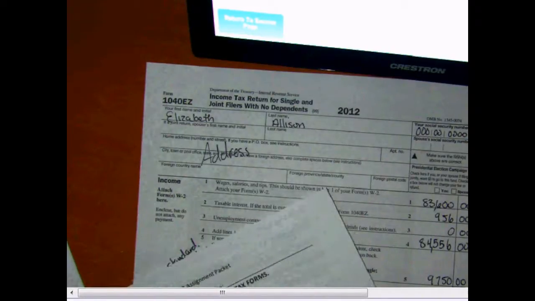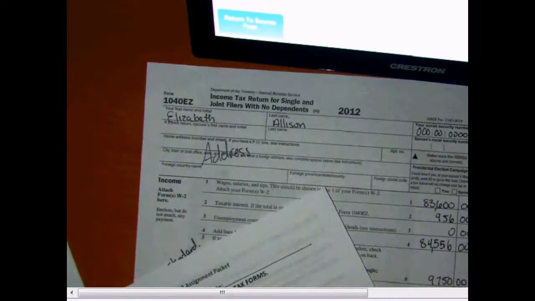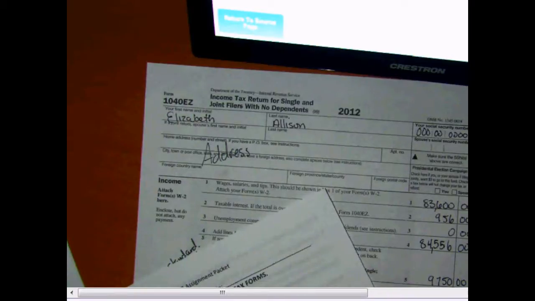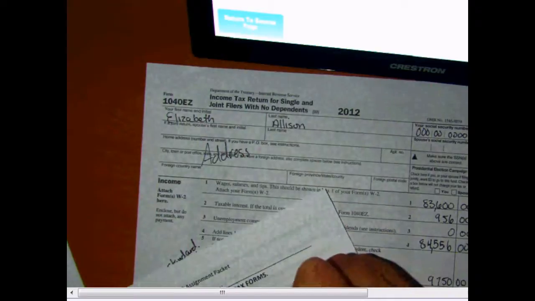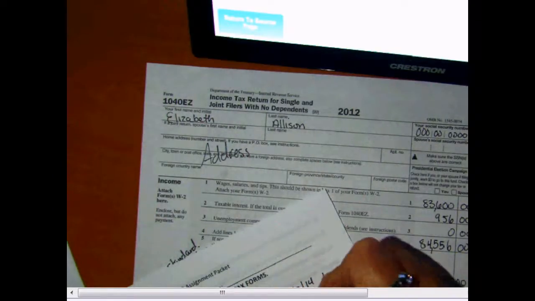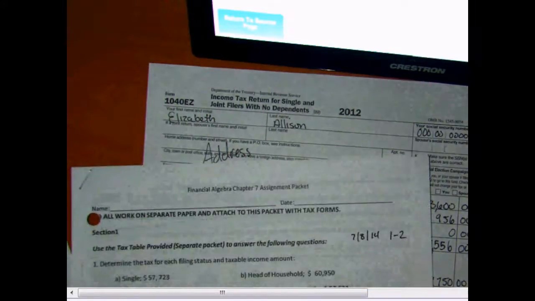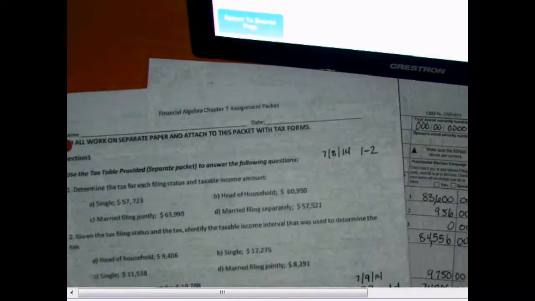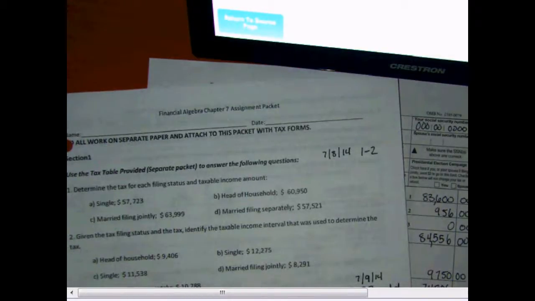Do 3 through 23 odd. Remember yesterday I assigned 1 and 2. So go ahead and just do 3 through 23 odd.